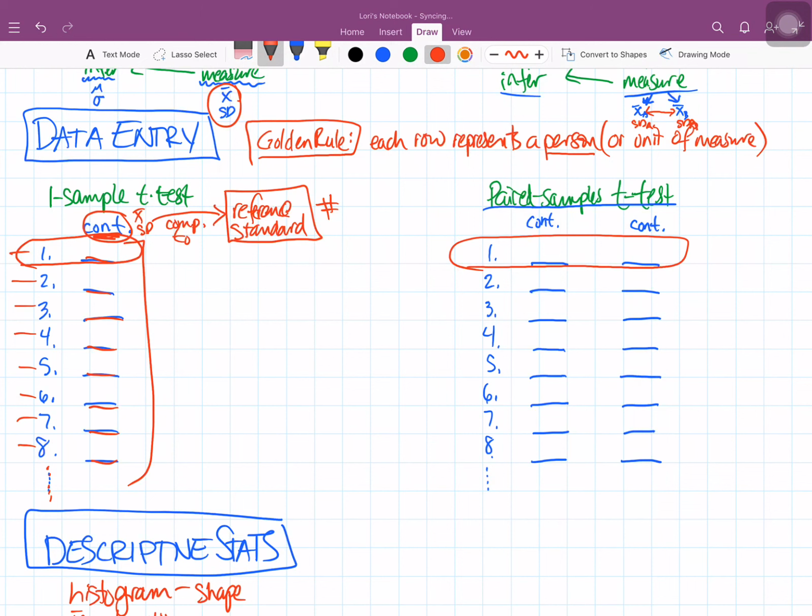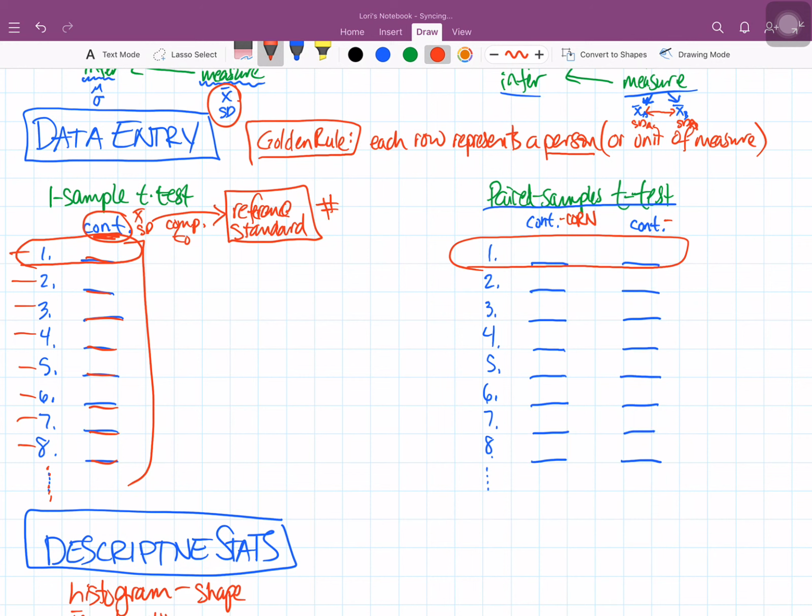Using the example that comes from your textbook, we were comparing something that is a continuous variable, LDL, while a person was eating cornflakes. And so I'm going to put corn here. And then they stopped eating cornflakes for a while, and then they ate oat bran for a couple of weeks, and we measured their LDL.